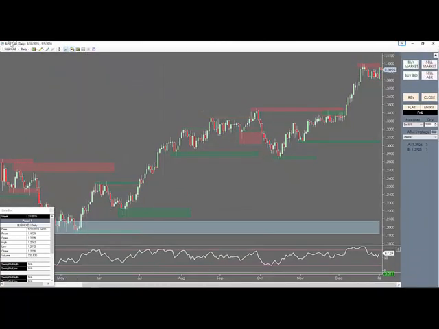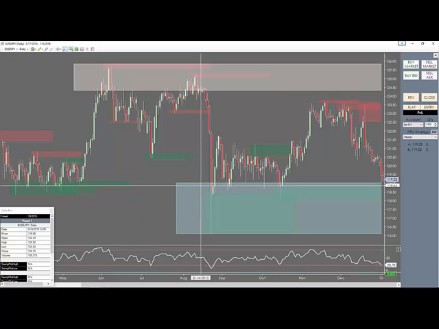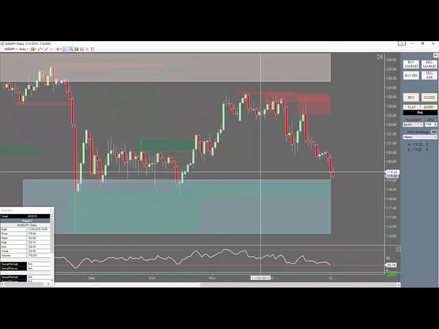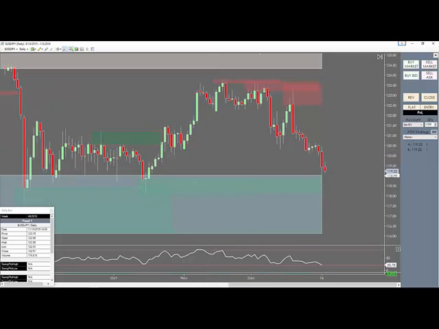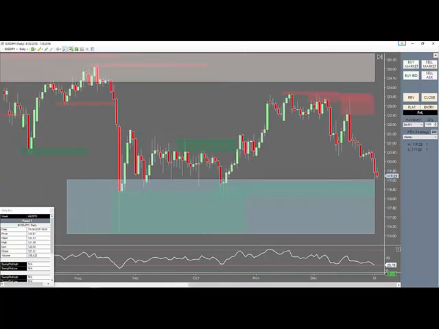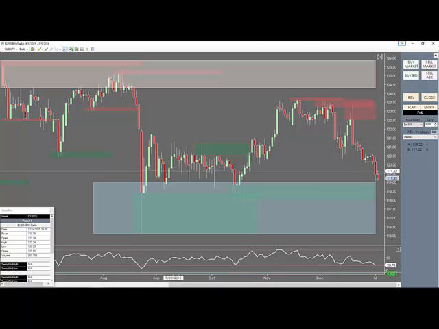All right, let's look at another one here. Dollar yen has been in between these two levels of structure. If we take a look at this support level right here, it looks like a pretty strong level of support.